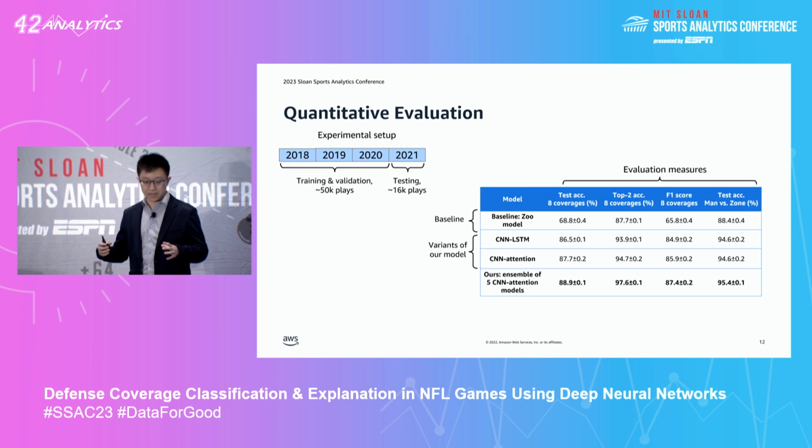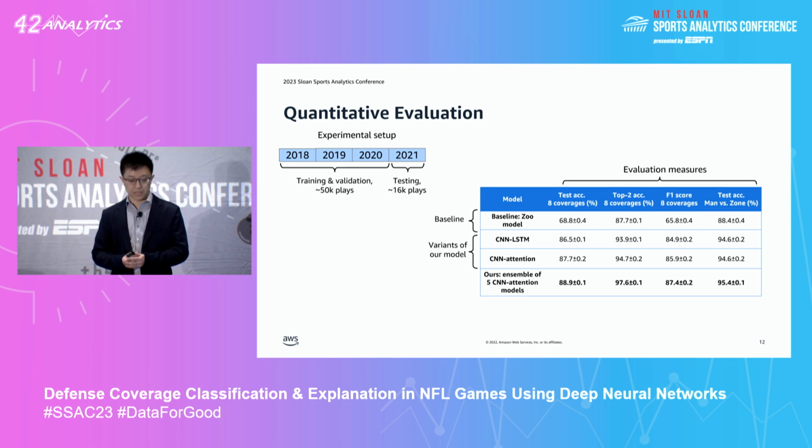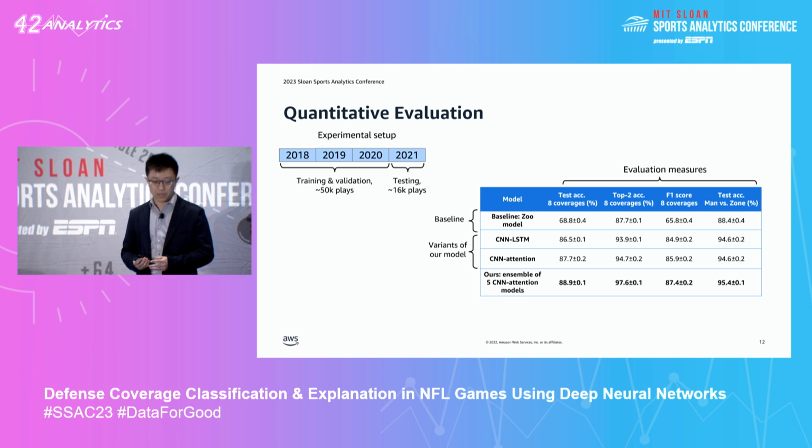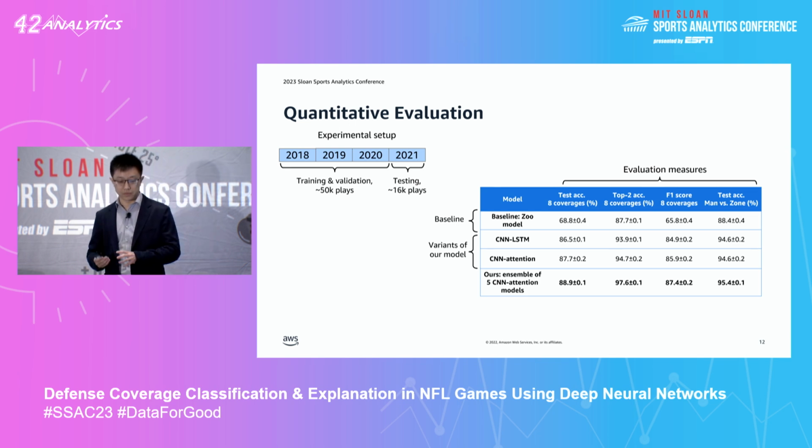This model utilized the same feature engineering as we do, but it focused only on the first frame of the play to infer the coverage class. We also compare with different variants of our model, including a CNN-LSTM model and a single CNN attention model without the ensemble and some of the other training components.